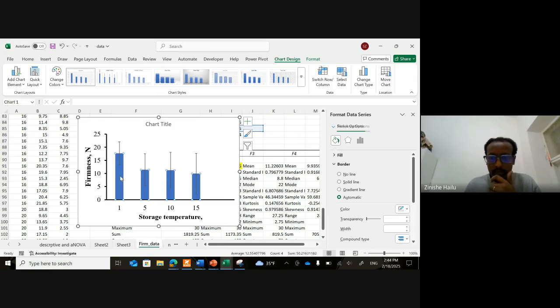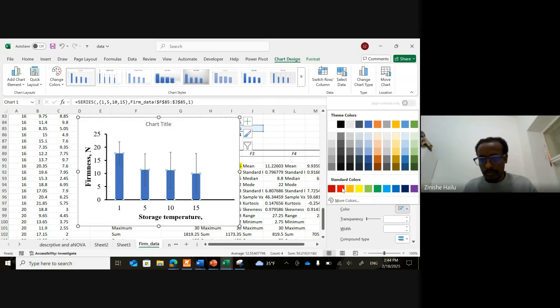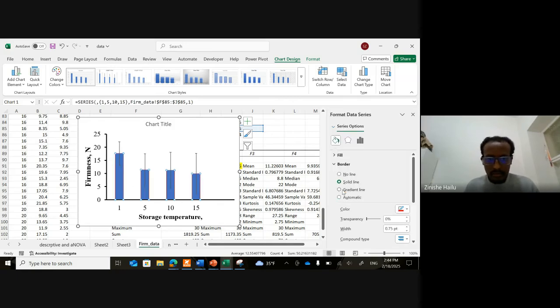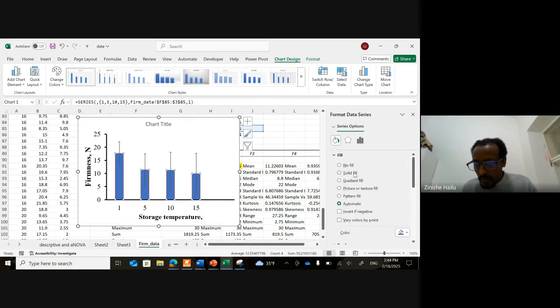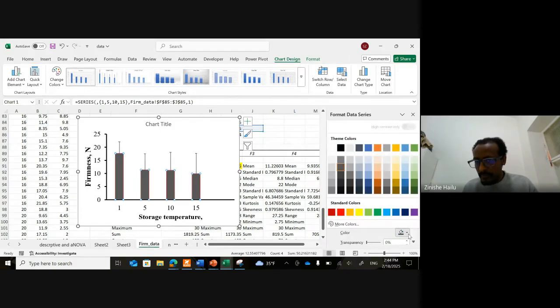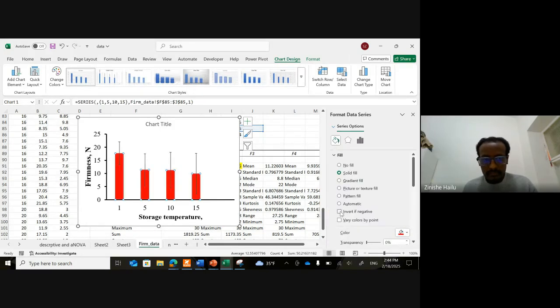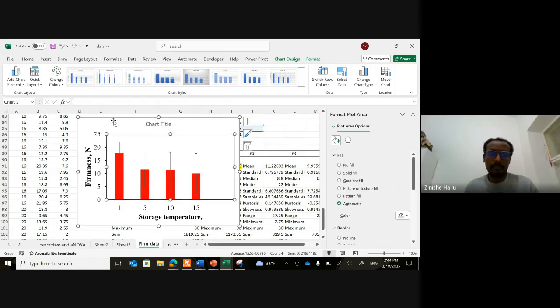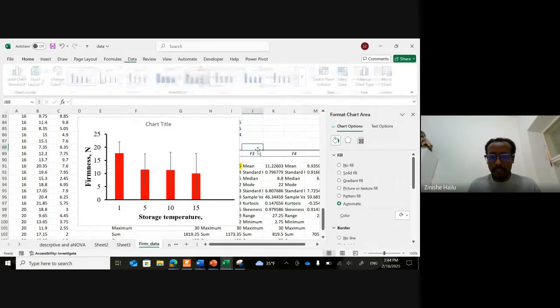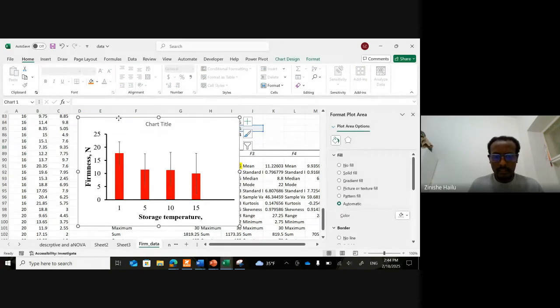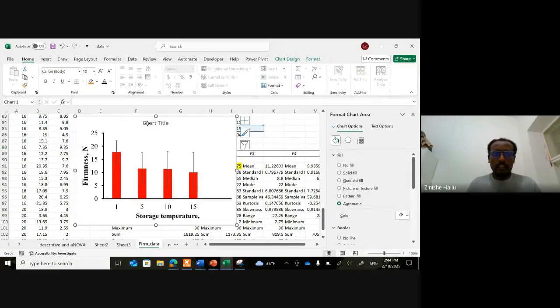And then if we wanted to fill another color, this filling, we can choose no border, okay, fill. So we can present like this.